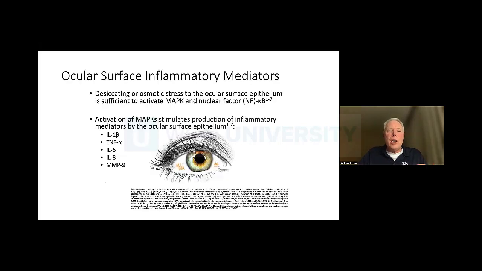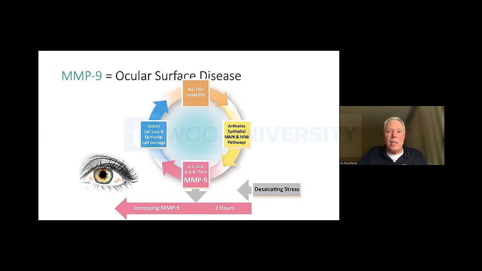So as we look at all the different activation of some of the inflammatory markers, MMP is just simply one of those that has been identified and approved for point-of-care testing. So as we look at the increase in the desiccating stress and the increase in the MMP9s, this really helps guide treatment on how you're doing. Are you lowering that? Is the inflammation still out of control?